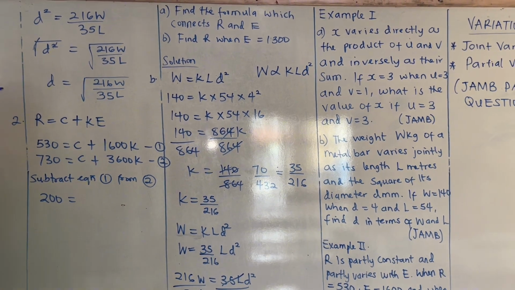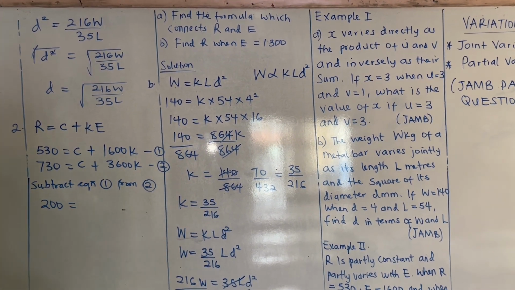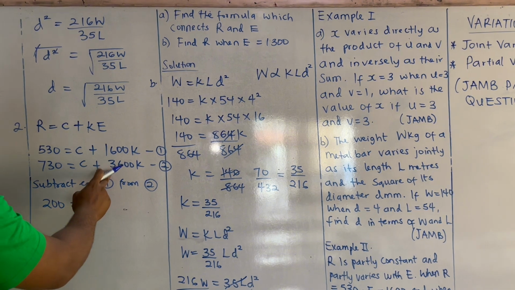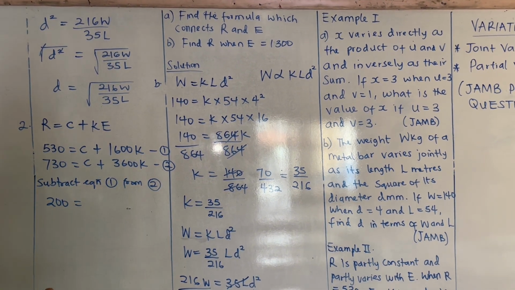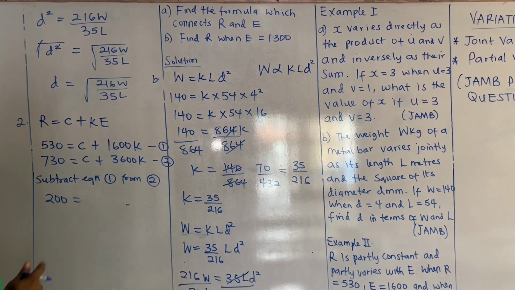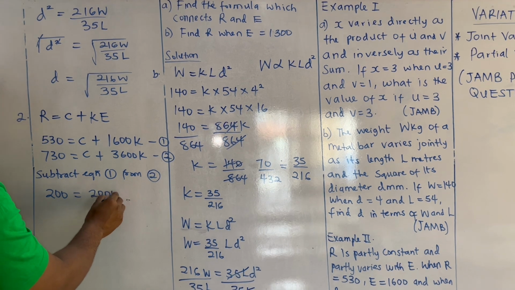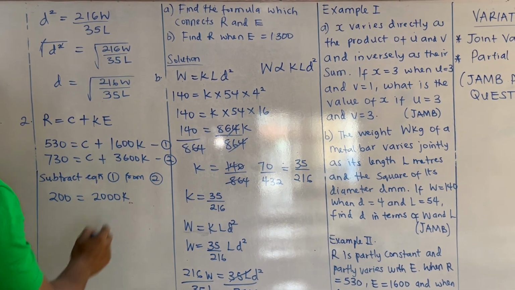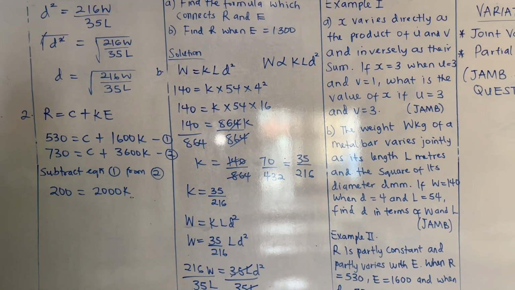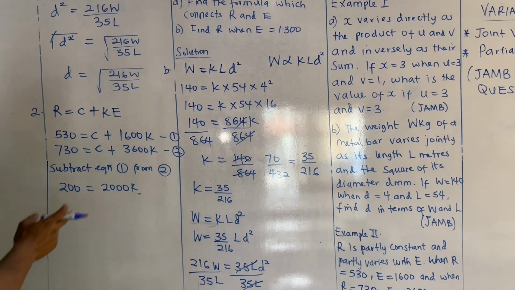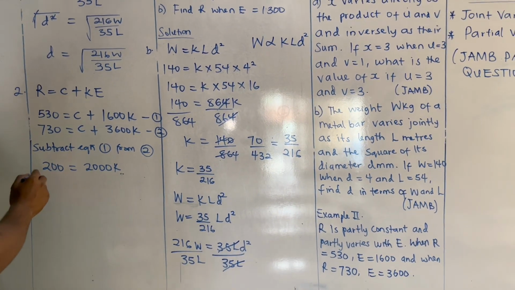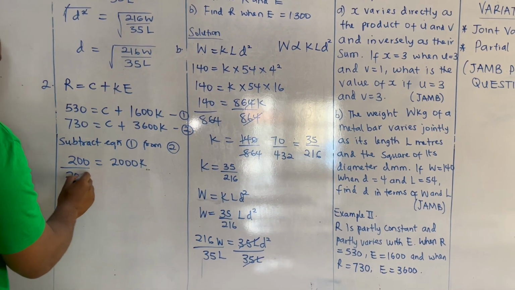C minus C is 0, so it's off. So we now have 3,600 minus 1,600. That will give us 2,000. Don't forget K. Okay, so we are going to divide both sides by 2,000 to find K.